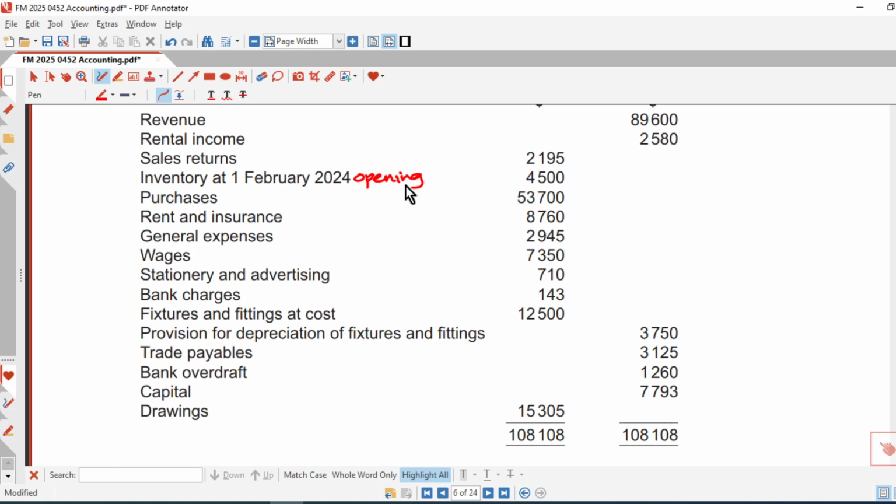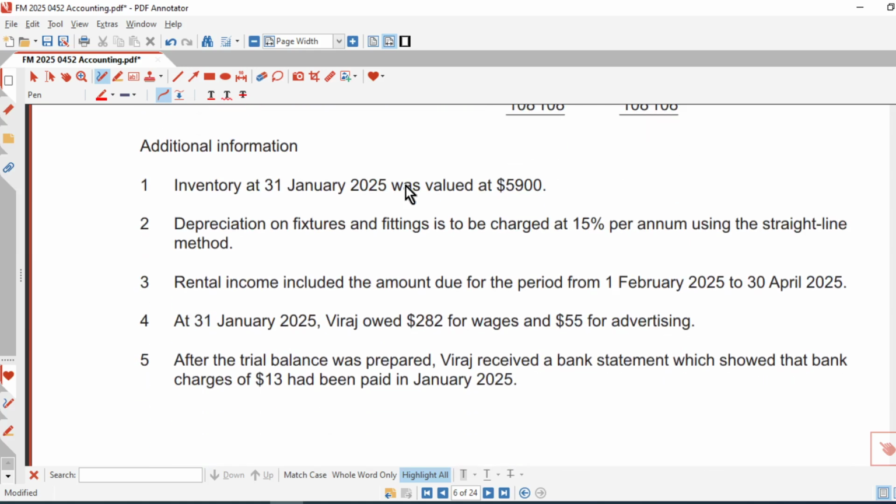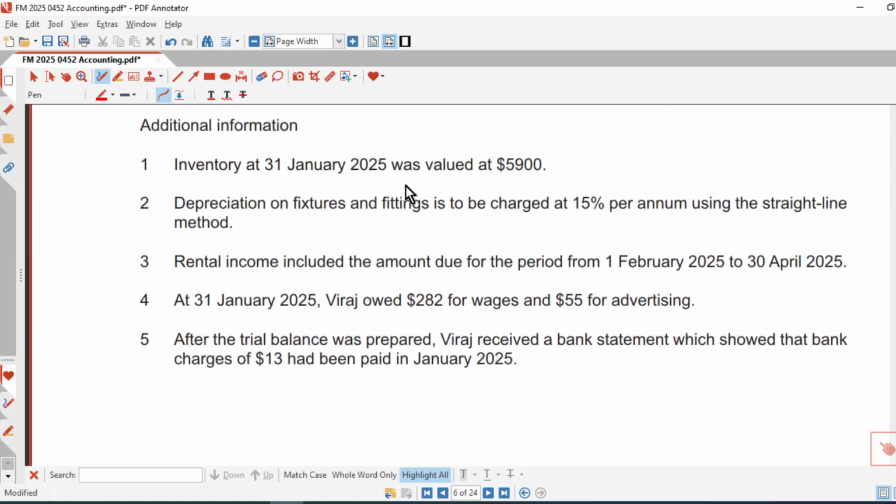With all the information given here, we're going to look into some adjustments that we have to make. Don't forget to read this piece of information, because the 5 notes here contain adjustments that we have to make to the trial balance above.